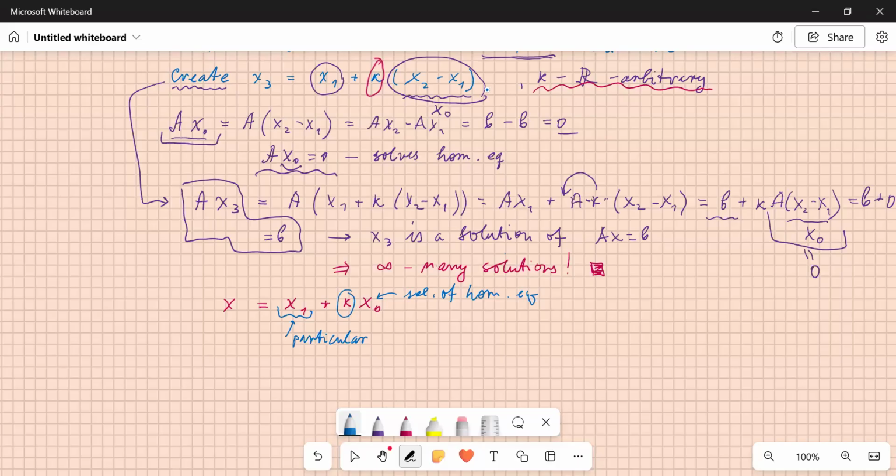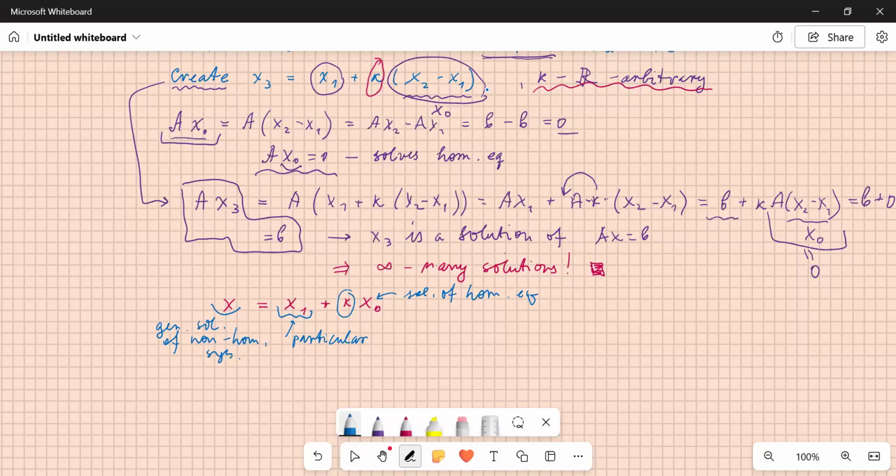This is a very fundamental conclusion, which is going to be used a lot in other different systems where we have two possibilities, a non-homogeneous system and a homogeneous one. So this is going to be called the general solution of the non-homogeneous system.